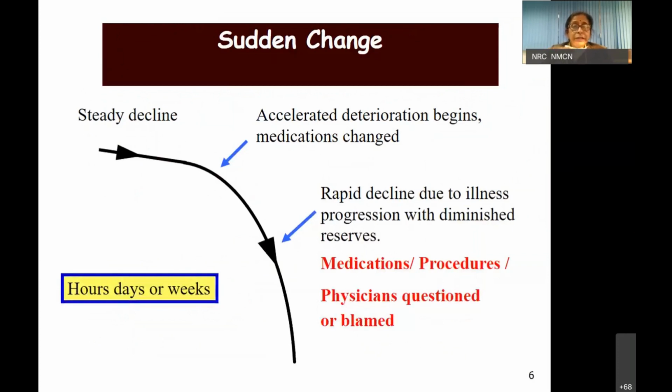So the process of death is when from a steady decline, there is a rapid decline. And that rapidity may be within a span of hours, days, or weeks, but it is rapid from the point of view of the family. And that's when they start questioning you, or they get into the blame game when they say, "वो वाली दवाई दी थी ना तब से इनकी तबीयत खराब," irrespective of the fact that he was a terminally ill patient for a long time.